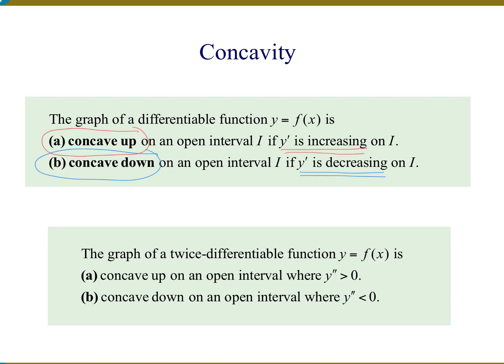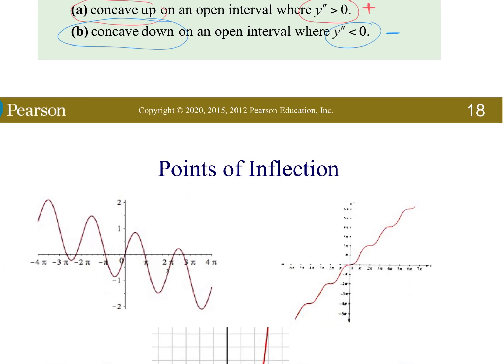And we can tell it is concave up when the second derivative has positive values, and we can tell it's concave down when the second derivative has negative values. So we're going to see pluses in the second derivative compared to minuses in the second derivative. That will be the connection to concave up versus concave down. The same plus-minus charts we've been using for the first derivative, we're going to use for the second derivative as well.